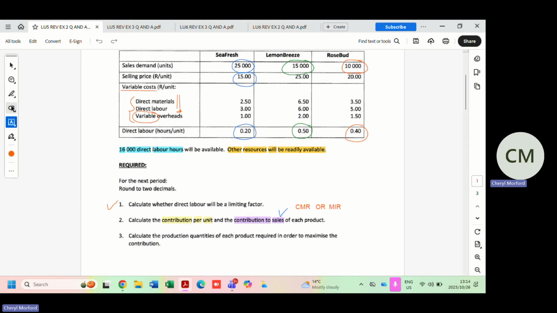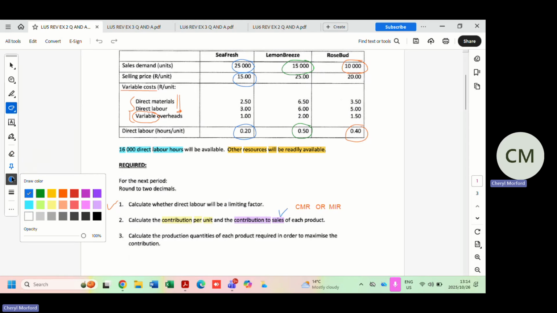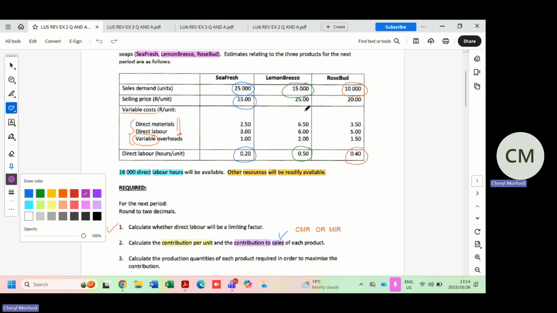So let me pick a different one for you. Let's have a look at Lemon Breeze. Lemon Breeze has a selling price of 25 Rand. So we would have to work out the contribution. So we will subtract 6.50 plus 6 is 12.50 plus 2 is 14.50.